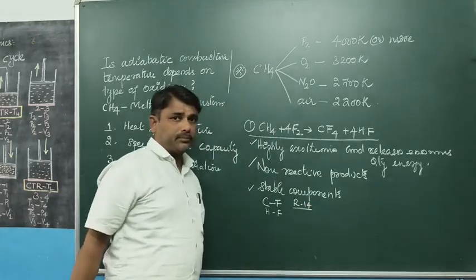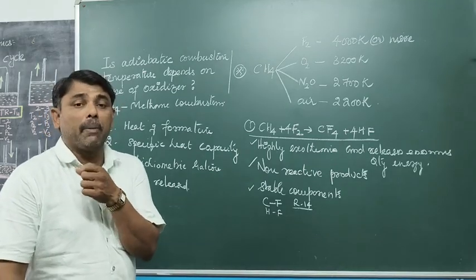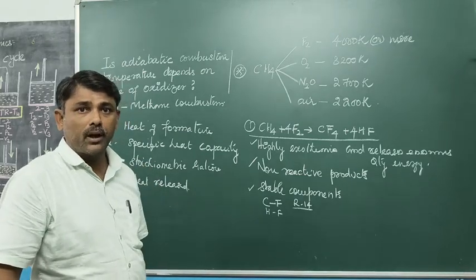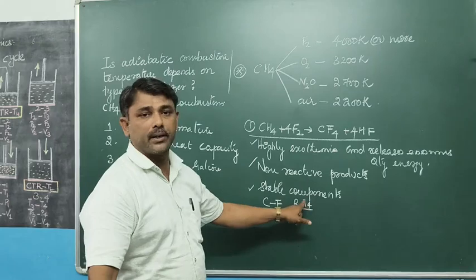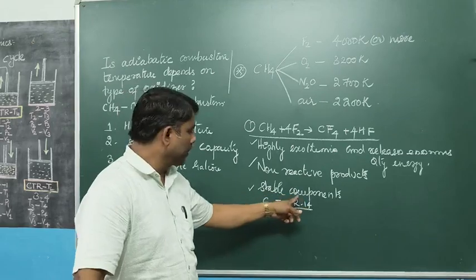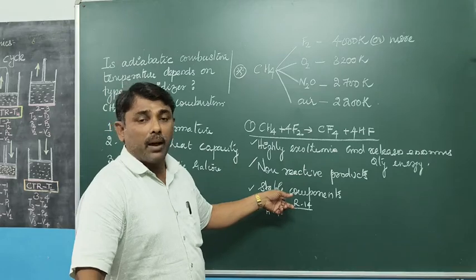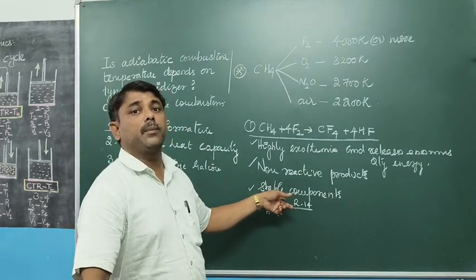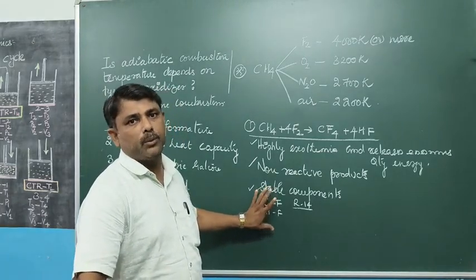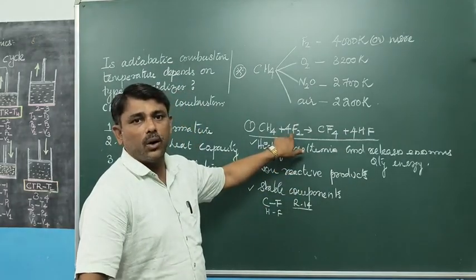Moreover, it is widely used for plasma etching in semiconductor production. Clear? So these two compounds are highly stable. This is brief information on using fluorine as an oxidizer.